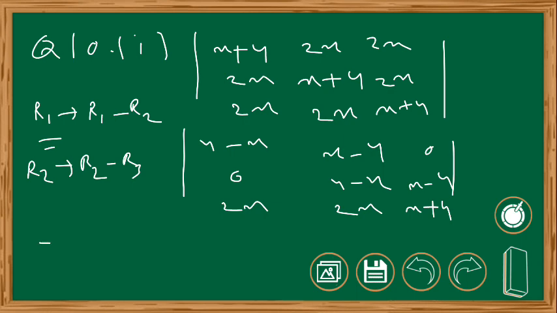Now I take x minus 4 common from row 1 as well as from row 2, so I can write it as x minus 4 whole square, because I have taken x minus 4 common from row 1 and also from row 2. Now if I take x minus 4, minus 1 will be left here, this is 1, this is again 0, and this will be 0, minus 1, and 1, and then 2x, again 2x, and x plus 4.